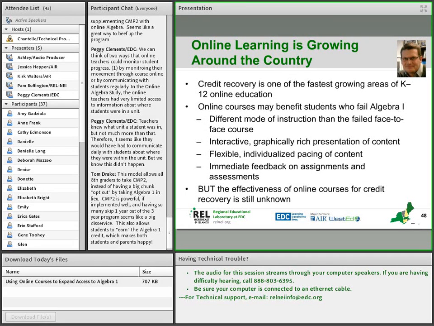As I mentioned, online credit recovery is fast-growing in K-12 education. One other piece of information that went into our decision to focus on online for credit recovery is that the kids who weren't successful during the school year took it in a face-to-face environment. So perhaps the change in venue and mode could be better.